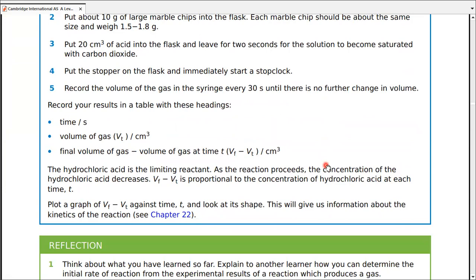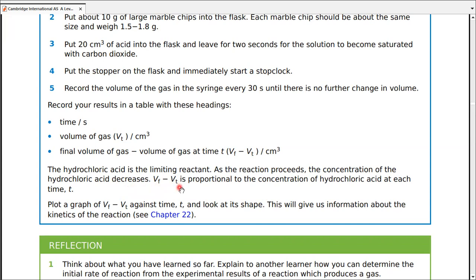Now record your results in a table with these headings: the time, the volume of gas in cubic centimeters, and the final volume of gas minus the volume of gas at any chosen time. Now, the hydrochloric acid is the limiting reactant. As the reaction proceeds, the concentration of hydrochloric acid decreases.